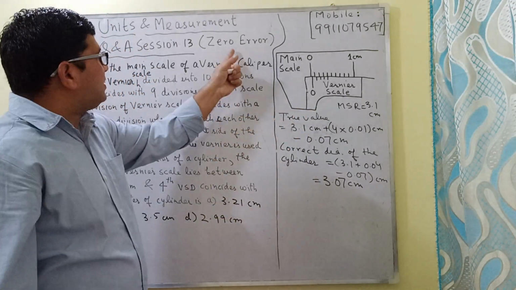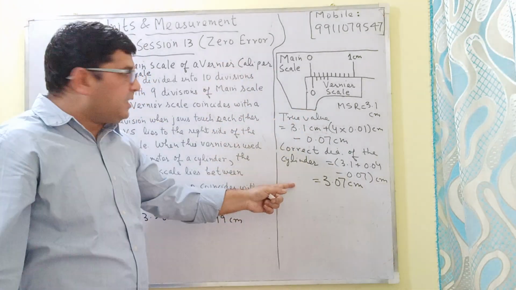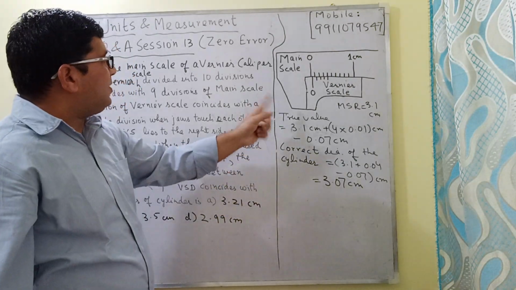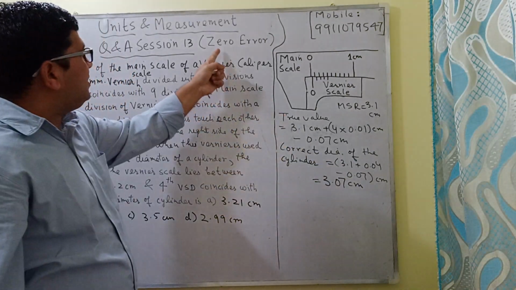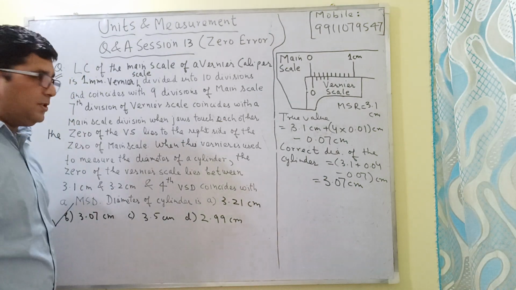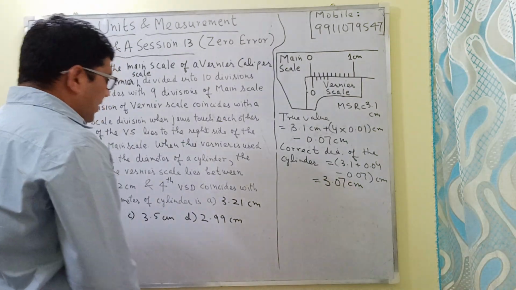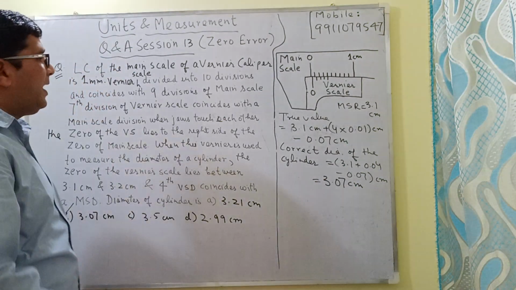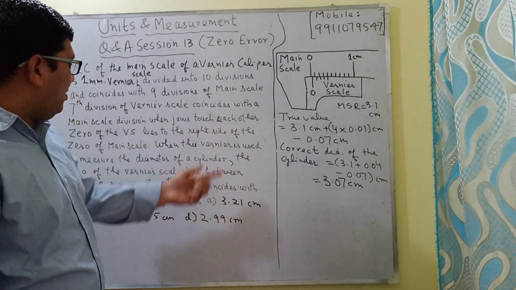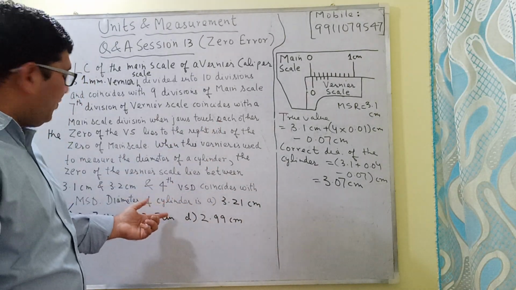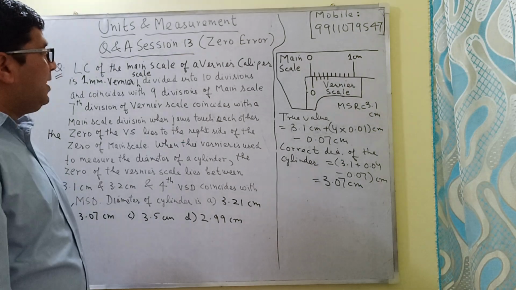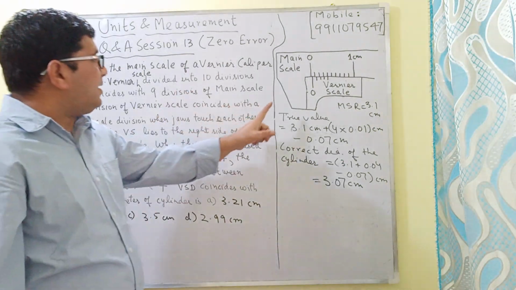When the zero error is positive we apply negative zero correction, and when the zero error is negative we apply the positive zero correction.